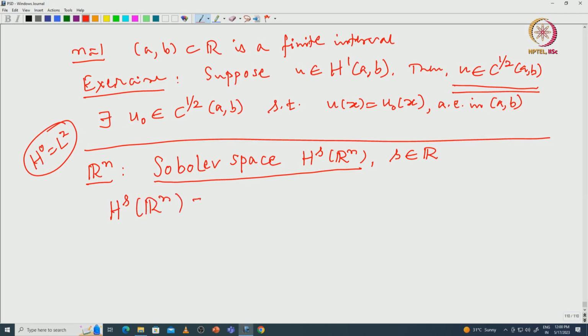So, this is the space of all tempered distributions. Everything is in R^n, S prime. We know that if f is a tempered distribution, its Fourier transform can be defined. So, f cap, let me give that.